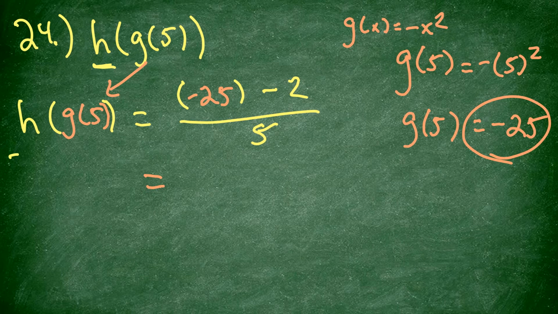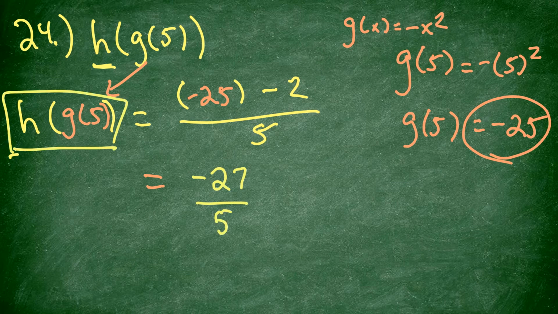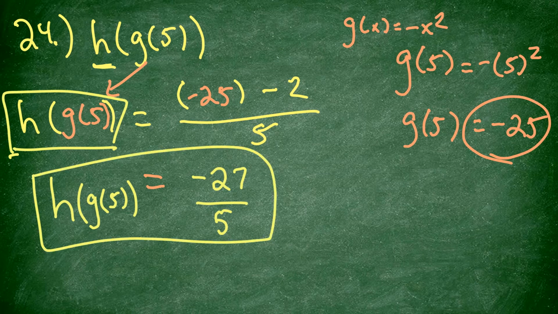And I do the same thing, negative 25 minus 2 is minus 27 all over 5. And I remember I keep this at the end because that's my label. I need this name tag, so I say my final answer is h of g of 5 equals negative 27 over 5. And I'm done.